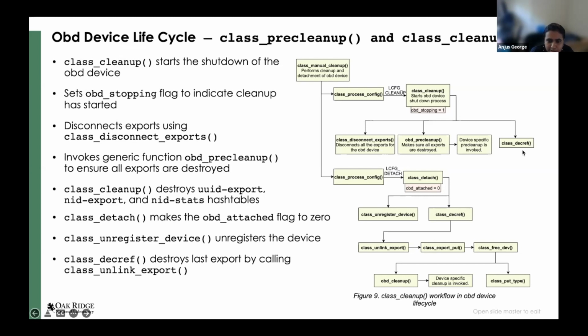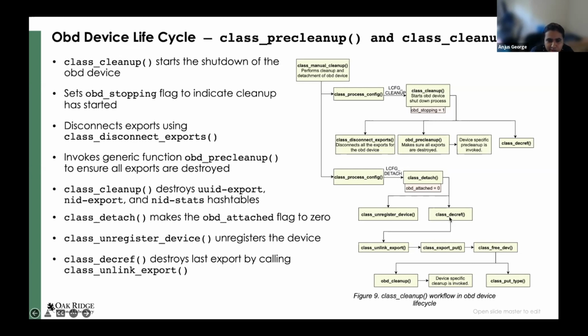So this just asserts that all exports are destroyed again, and then class manual cleanup invokes the class detach function by passing the LCFG detach command. Class detach makes sure that the OBD attached flag is 0, and it unregisters the device. So it basically frees the slot in the OBD devs array using the class unregister device function.